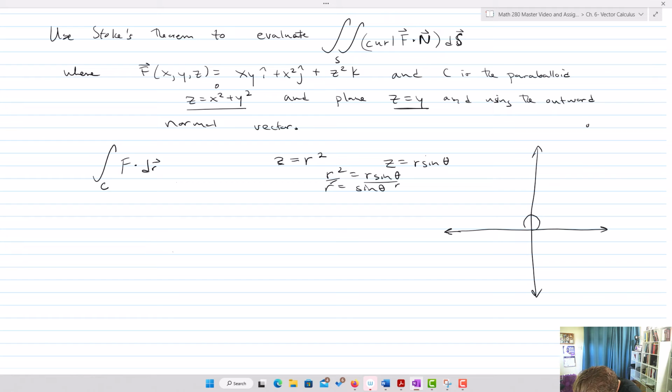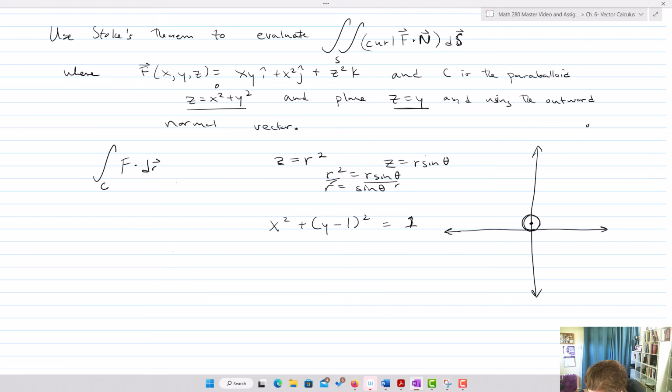So I get r equals sine theta, and if I draw that out, as I said before, I get a circle. It's essentially a unit circle, but instead of being centered at the origin, it's centered at 0, 1. So for the parameterization, I'm going to rewrite this as x squared plus (y minus 1) squared equals 1.